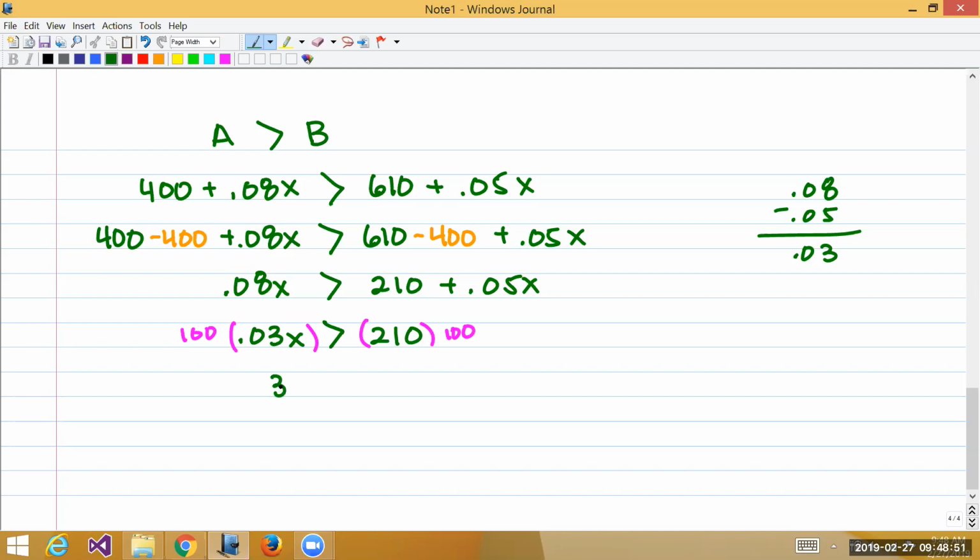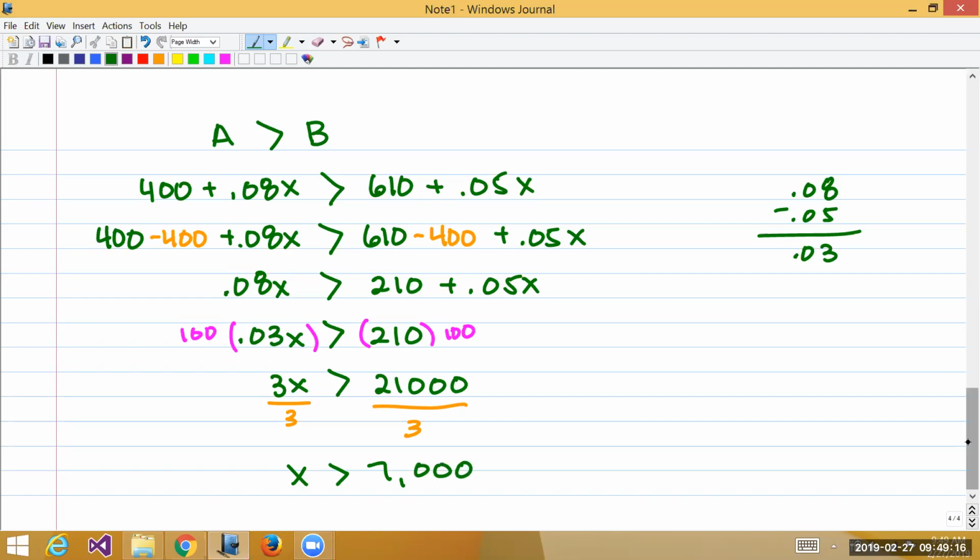Now I have 3x is greater than 210 times 100 will be 210 with 2 more zeros, 21,000. Now we'll go ahead and divide 3 both sides. And that gives us x is greater than 7,000.